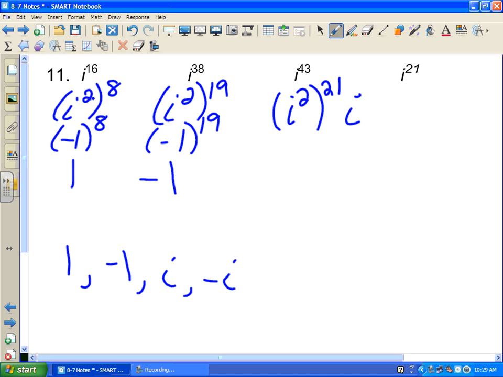So it's 42 plus another i. Okay, 42 plus 1 is 43. So negative 1 to an odd exponent, is that negative or positive? Negative, but then I have an i. So there's a leftover i.